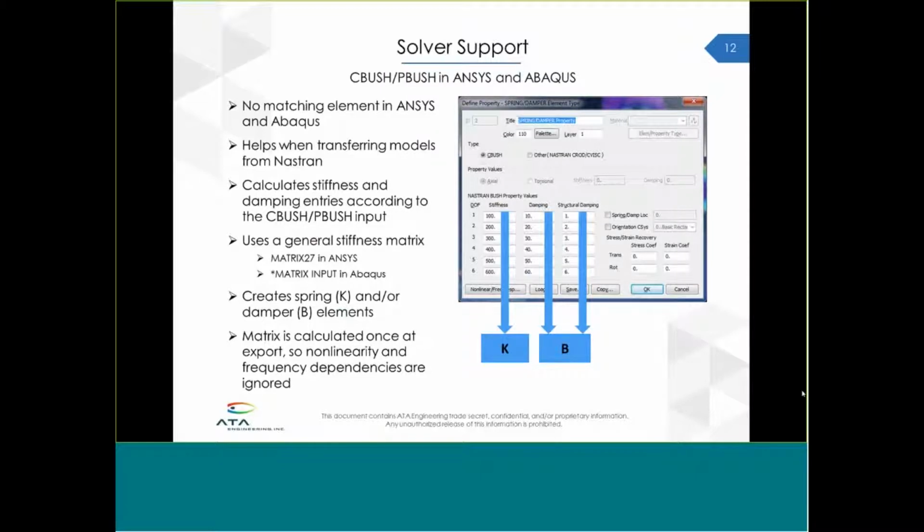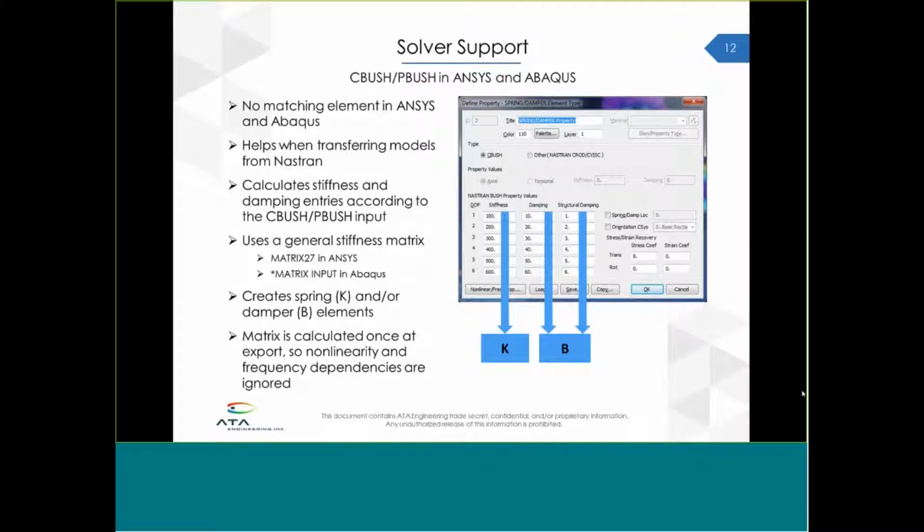Another big thing is that if you're working in ANSYS and Abaqus, there's no CBUSH spring element. So if you're trying to translate a model from Nastran into ANSYS or Abaqus, those elements would essentially disappear because there wasn't an equivalent.